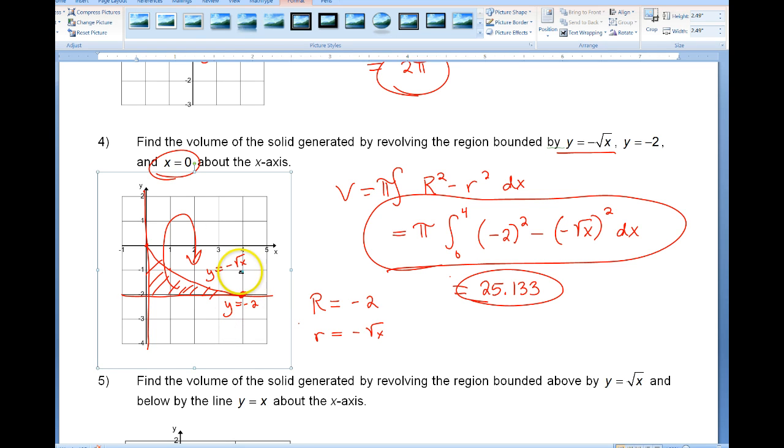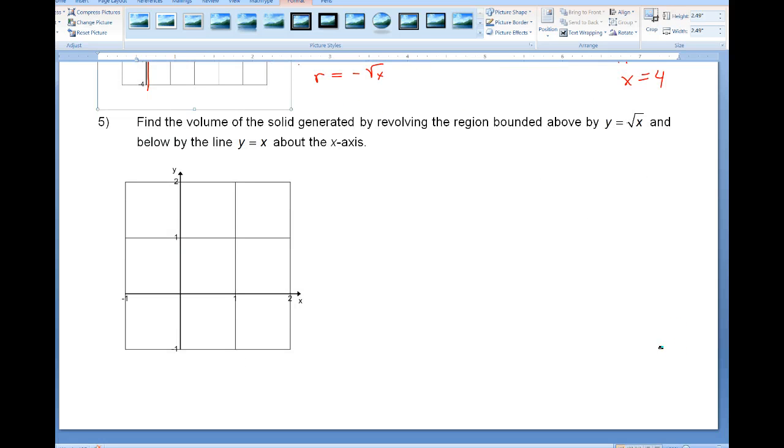When y equals negative 2, what's x have to be? 4. Set them equal to each other. Take negative square root of x and set it to negative 2. So x has to be 4. That's how we find out. I mean, that's how you could also use your calculator and just look for the intersection.